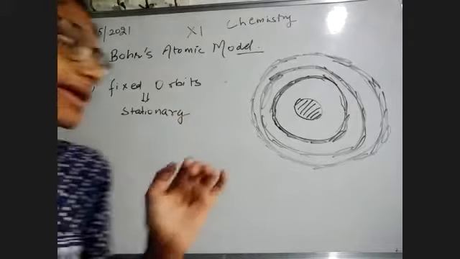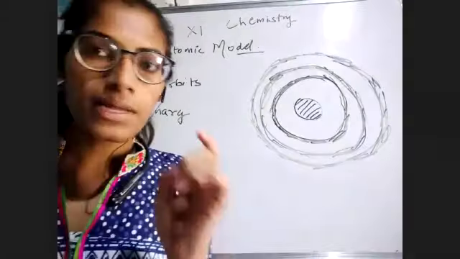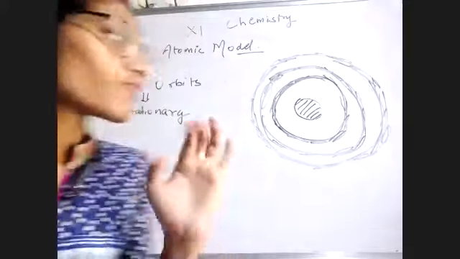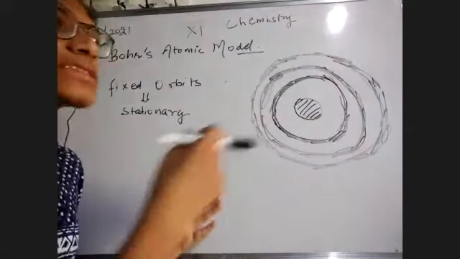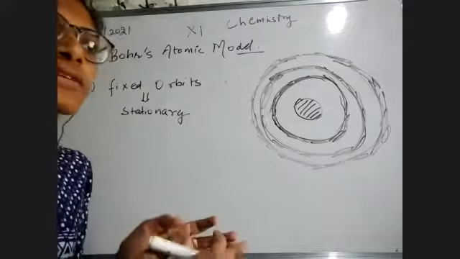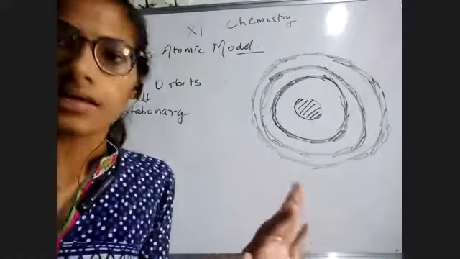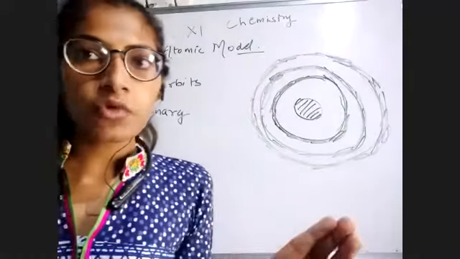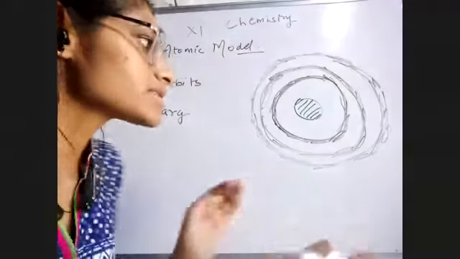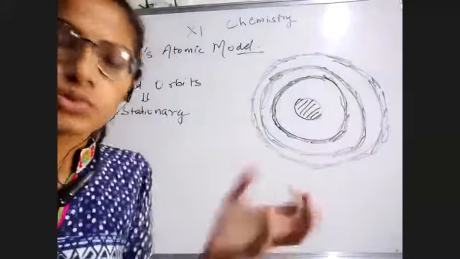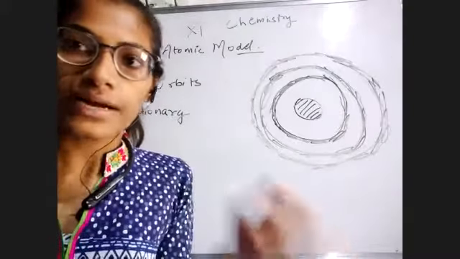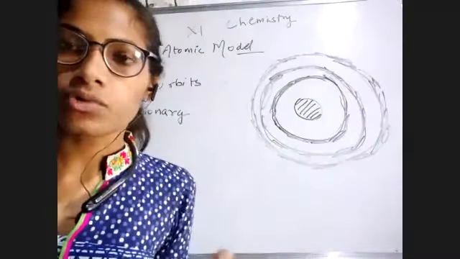See, students, in Rutherford's atomic model, the biggest limitation was that if these orbitals are moving, after some time their energy would decrease. And if their energy decreased, our electron would just jump into the nucleus due to the attractive force of the positive charge towards the electron.